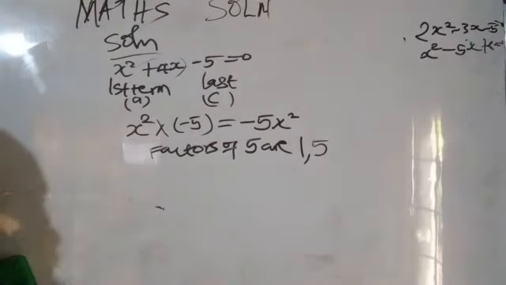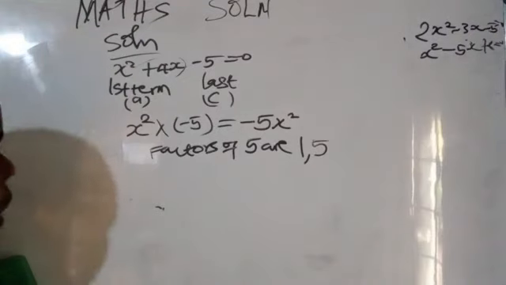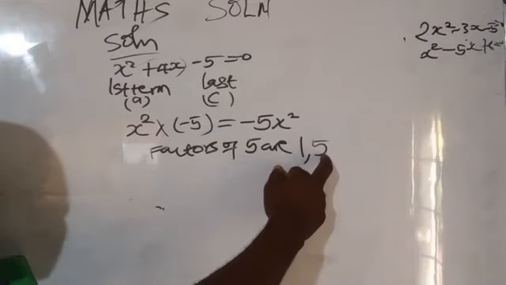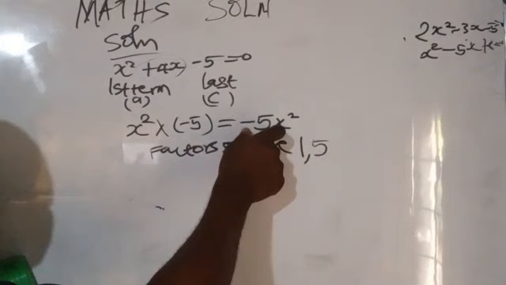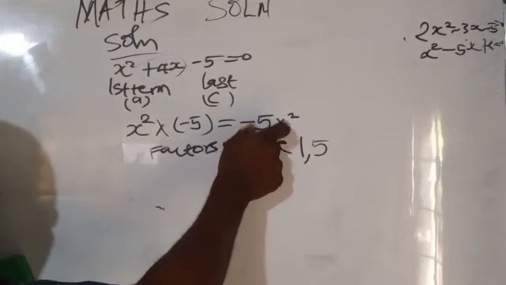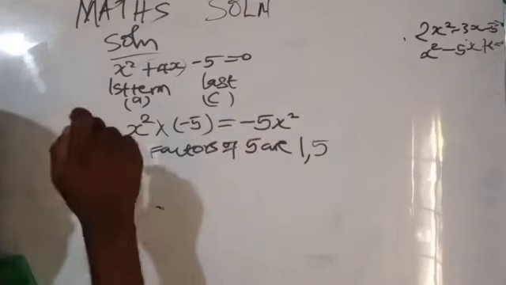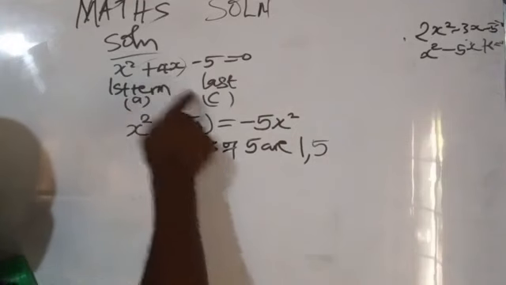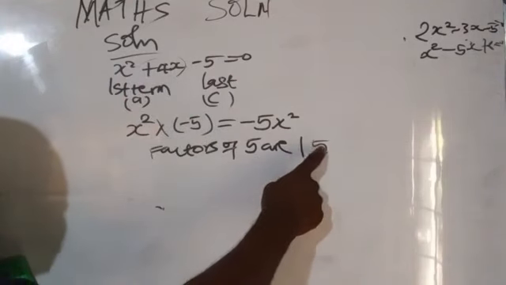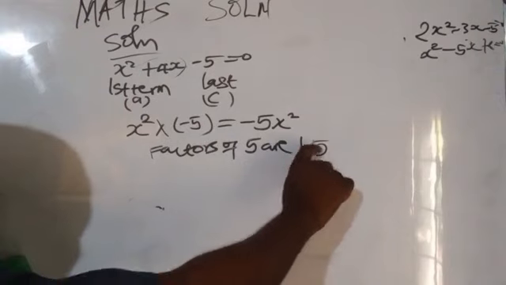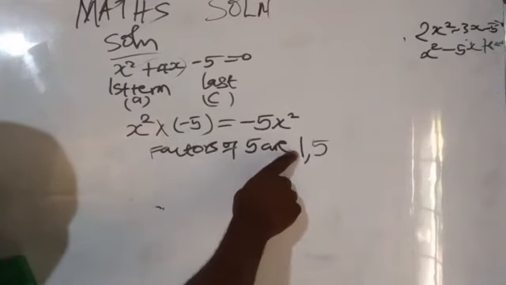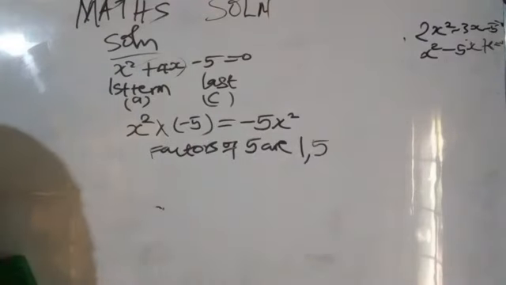the middle term. Now in this case, if we say 1 times 5, it gives us the multiple, which is this 5 here. Then if we say 1 minus 5, which means we attach minus to this 5, it gives you minus 4.